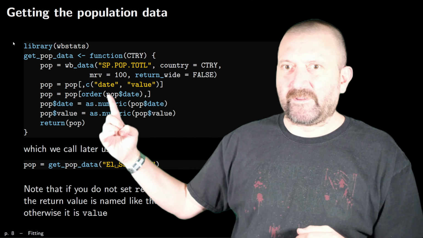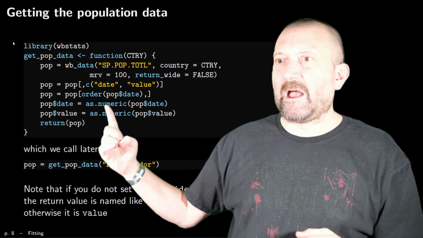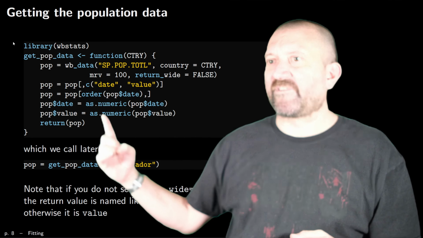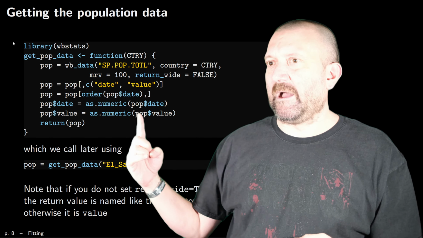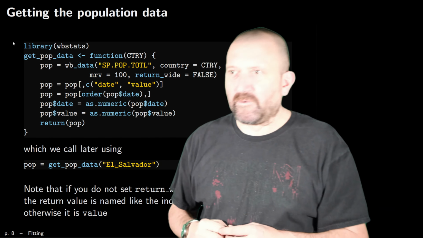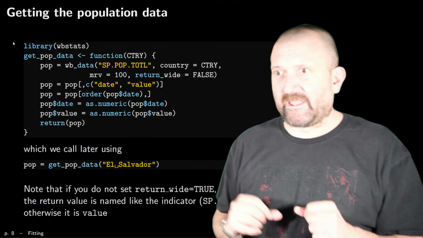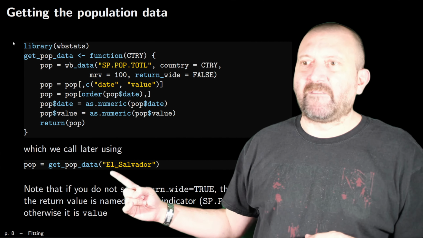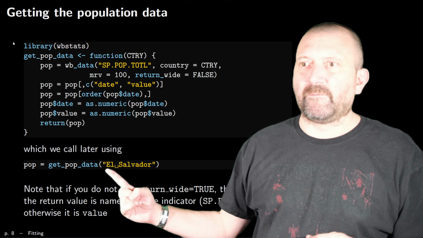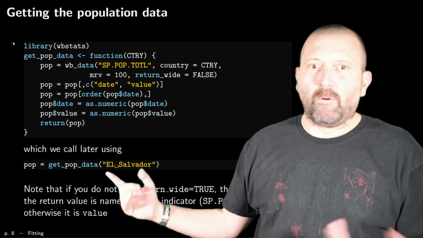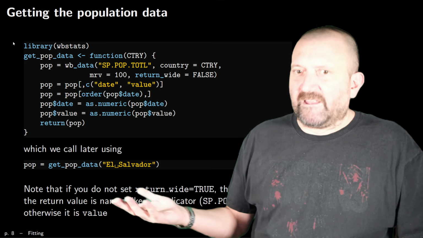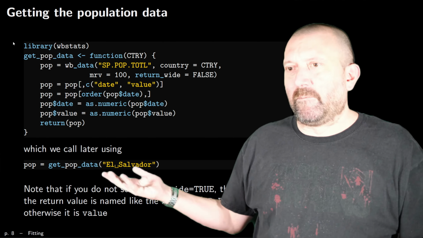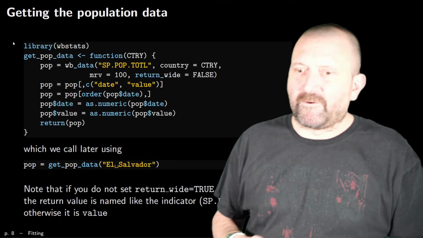This is what I do here. Then I make sure both of those columns take on numerical values, not strings of characters, and then I return the value. Later on, I'll call this function by saying population is get population data from, in this case, El Salvador.